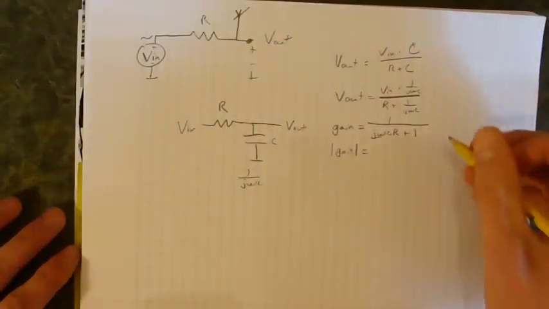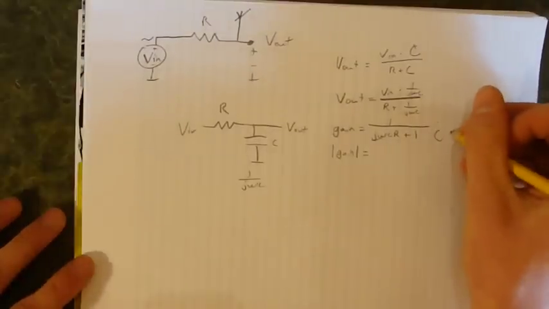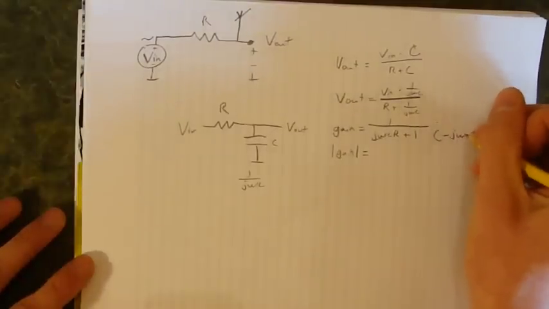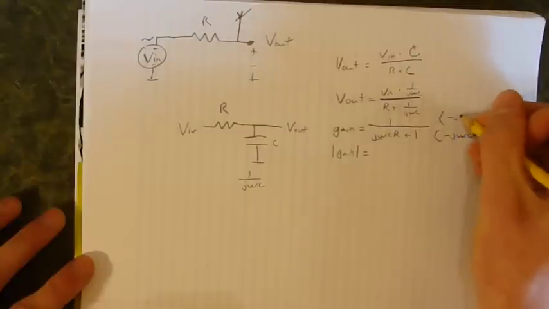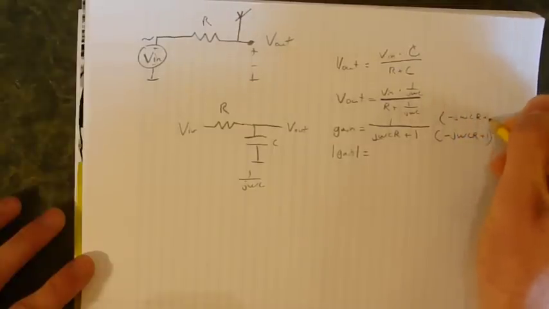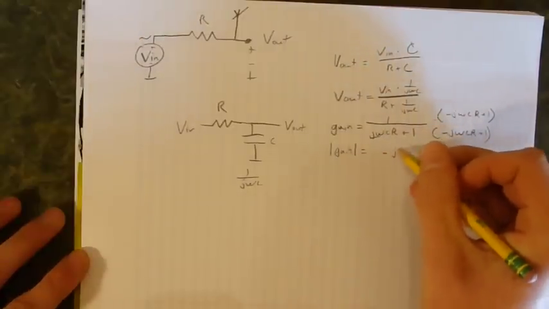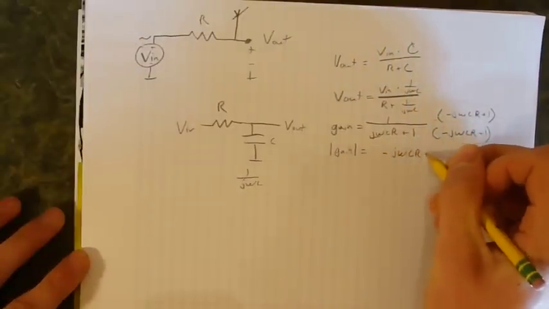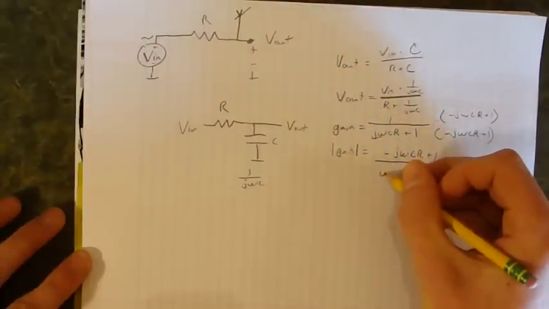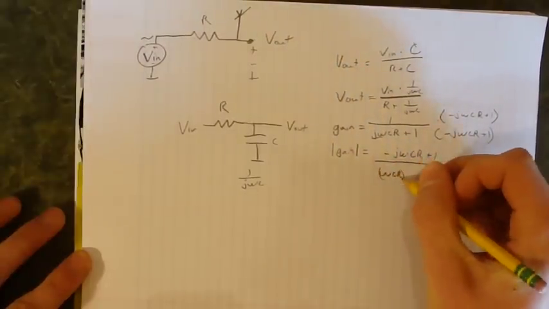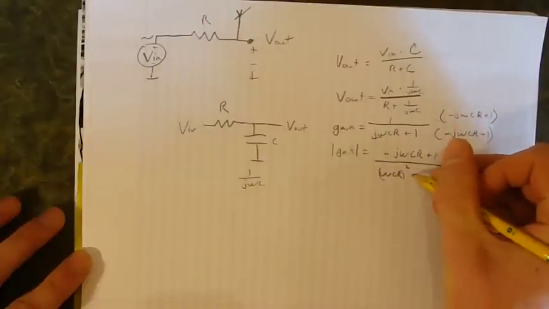We will do that by multiplying the numerator and the denominator by the complex conjugate, which is negative j omega CR plus 1. The new equation looks as follows: negative j omega CR plus 1 all over (omega CR) squared plus 1.